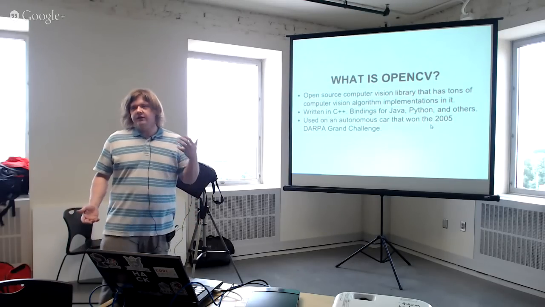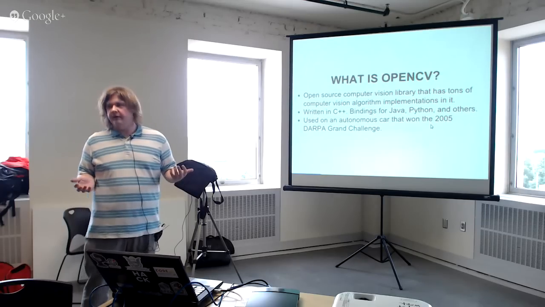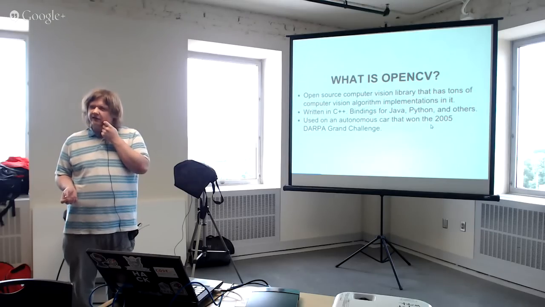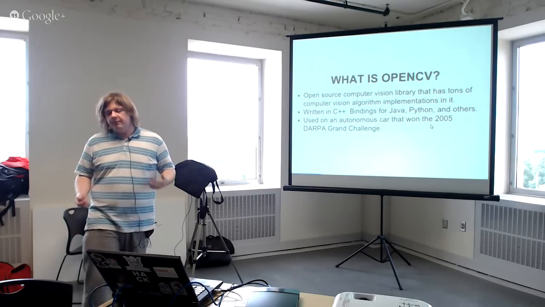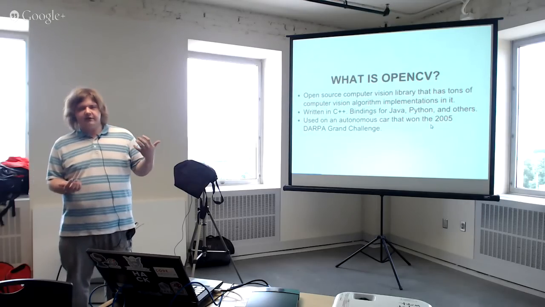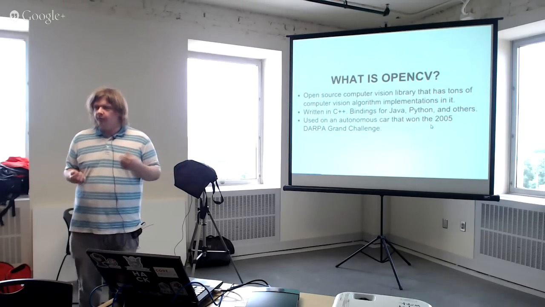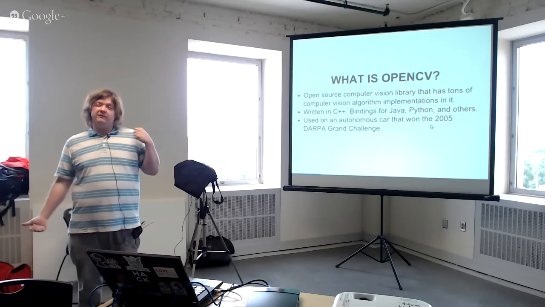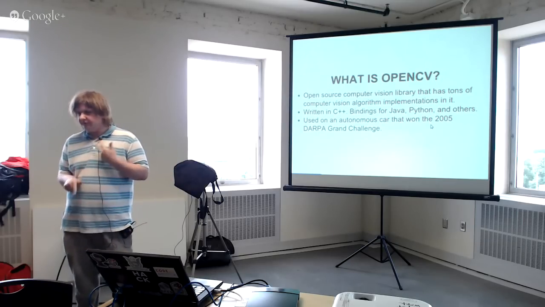OpenCV is basically this open source library that was developed by volunteers, and I think there's a company now that is at the helm of maintaining it. Basically, it's a collection of algorithms for working with computer vision, and it's written in C++, but there are bindings for Python and Java and several different languages.